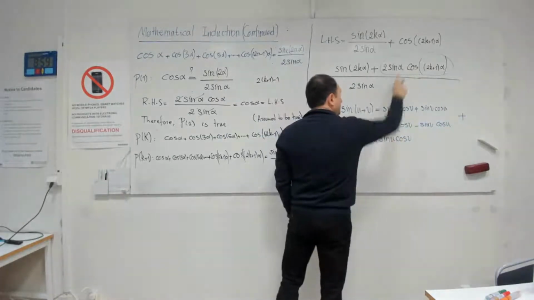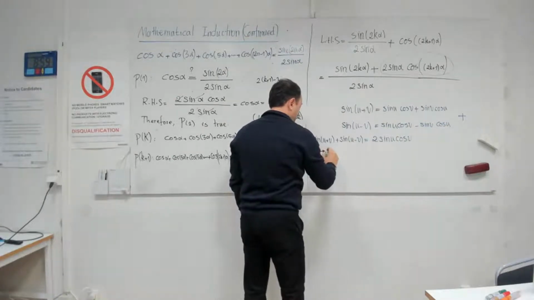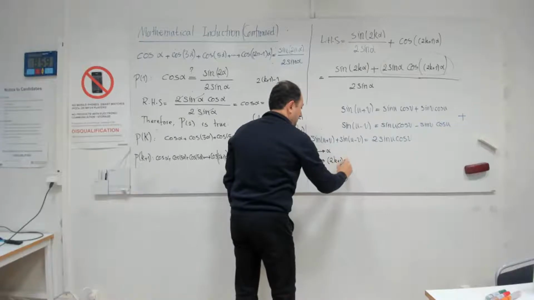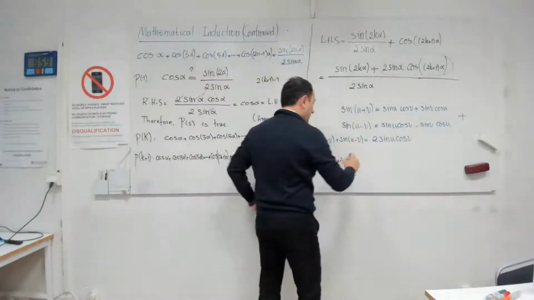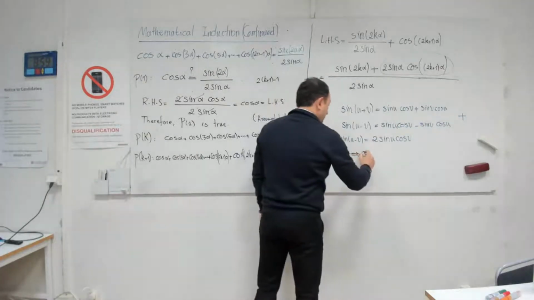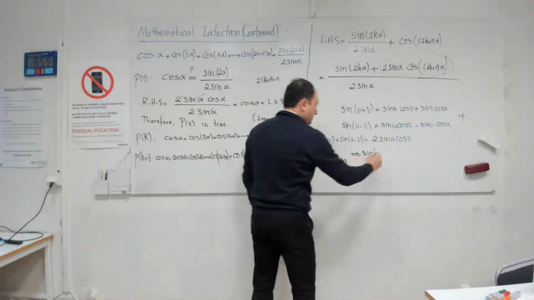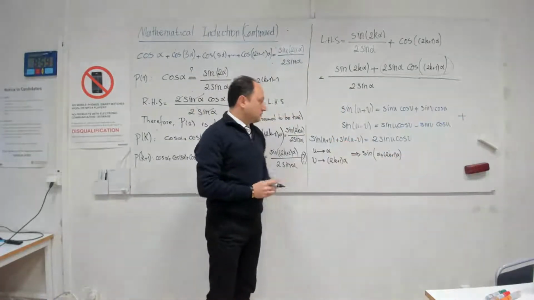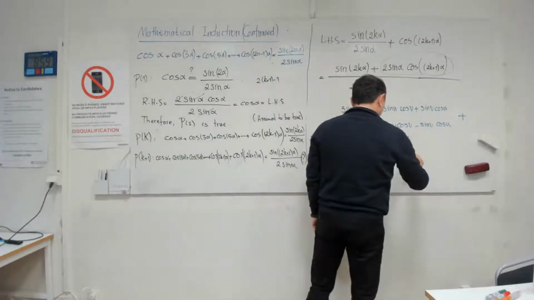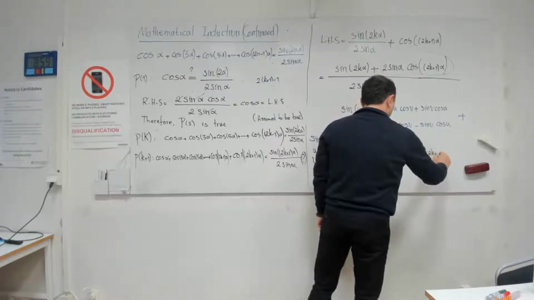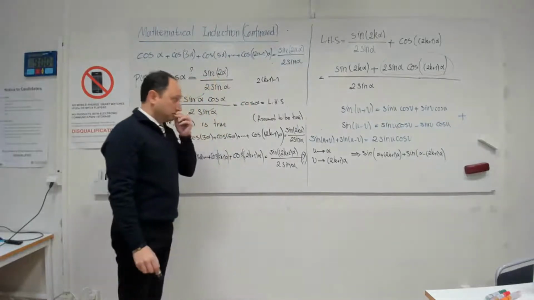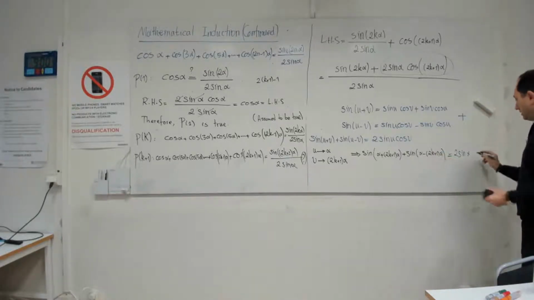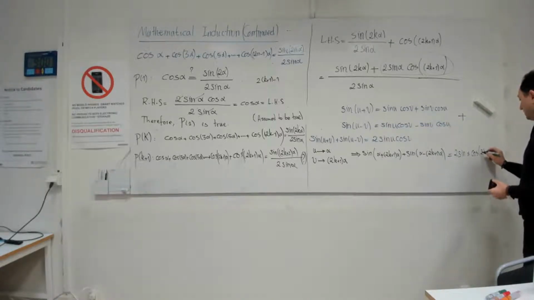So if I replace u with alpha, and if I replace v with that expression, yes, then this tells me that sine of u plus v, which is alpha plus 2k plus 1 alpha, and then u minus v, which becomes plus sine of alpha minus 2k plus 1 alpha, is equal to 2 sine, instead of u I put alpha, as I did there, and cosine of 2k plus 1 alpha.